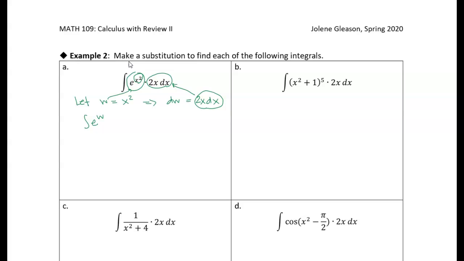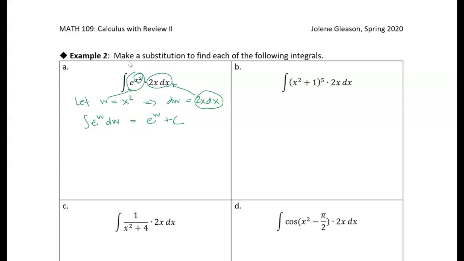So 2x dx, that whole thing becomes dw. Now that's an easy thing to take an antiderivative of. The antiderivative of e to the w is just e to the w plus c.